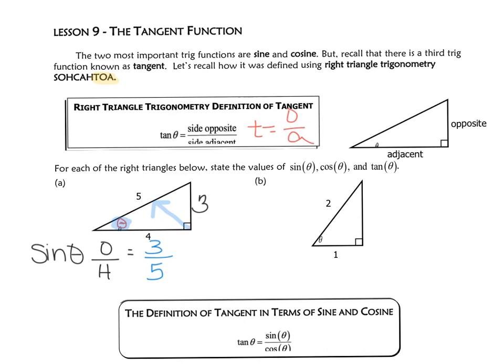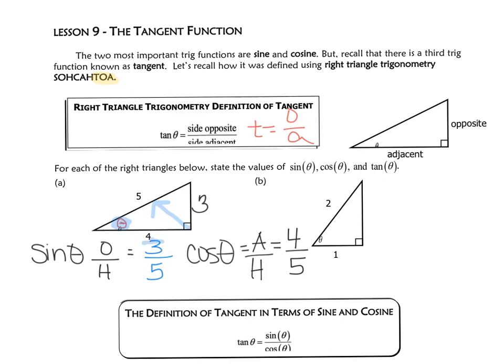Now, if I want to do the cosine of theta, it's adjacent over hypotenuse. I'm still talking about the same angle, so my hypotenuse doesn't change, and adjacent means next to, and that's the 4. So it is 4/5.